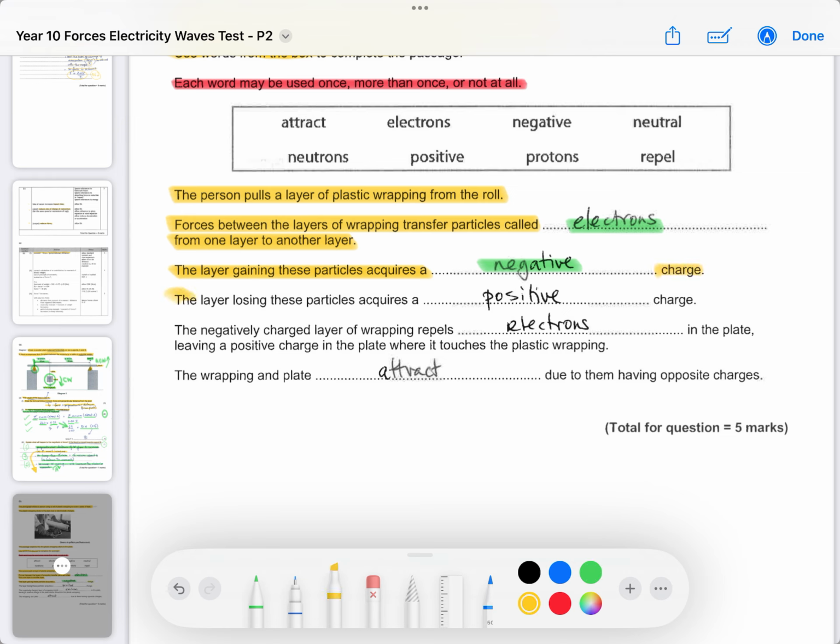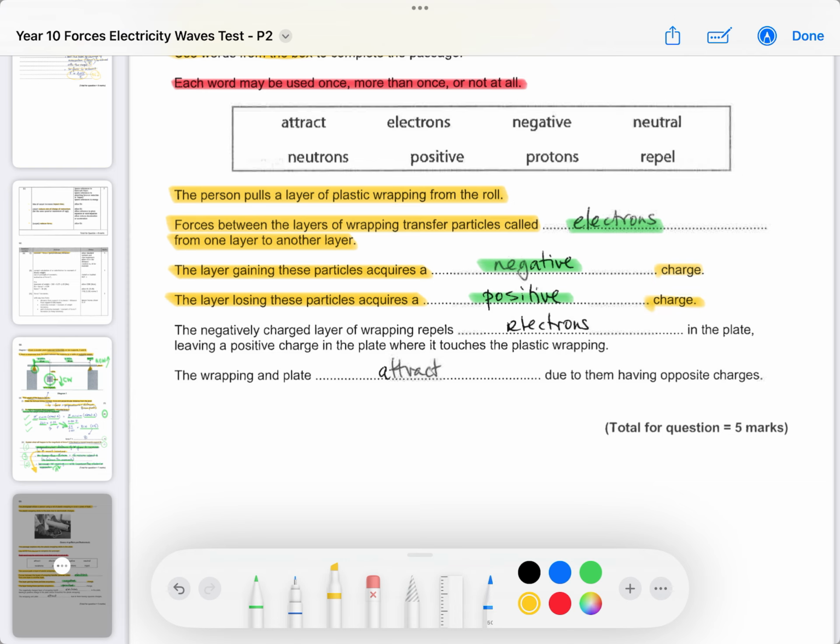And the layer losing the electrons, because we're talking about the same particles, they just don't want to give it away, becomes positively charged. Same thing happens in chemistry in ionic bonding. Sodium will lose electrons and become positive, and say it's going to bond with chlorine. The chlorine atoms will gain electrons and become negative. Okay?